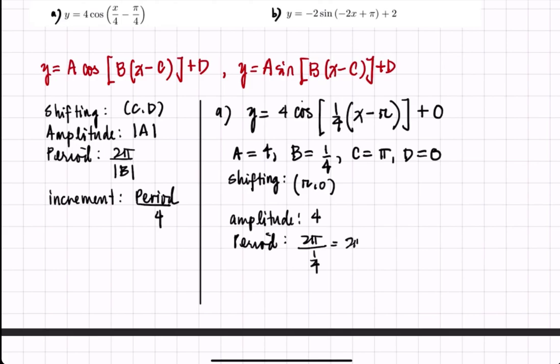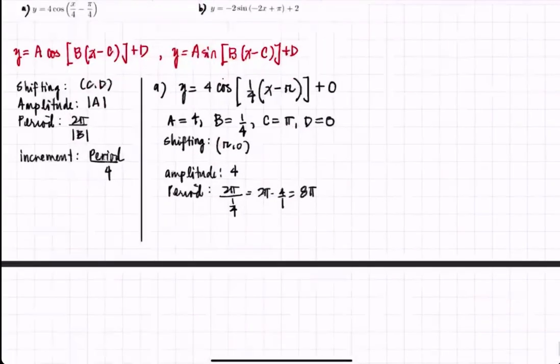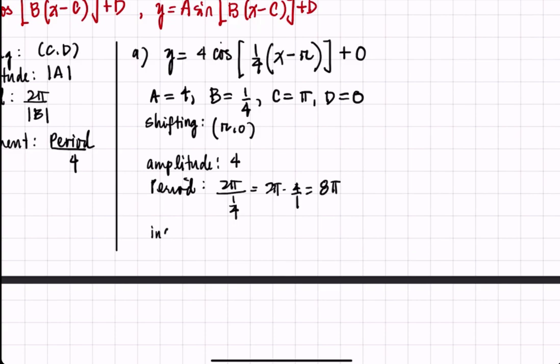So, 2 pi divided by 1/4 is the same as multiplying by 4 over 1, which is 8 pi. And how about the increment? So, you get the period, which is 8 pi. You divide it by 4. So, the increment is 2 pi.